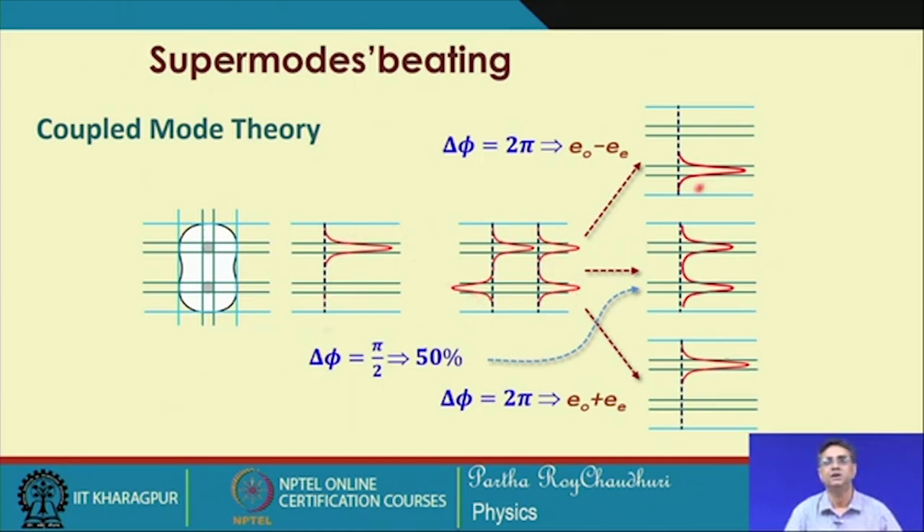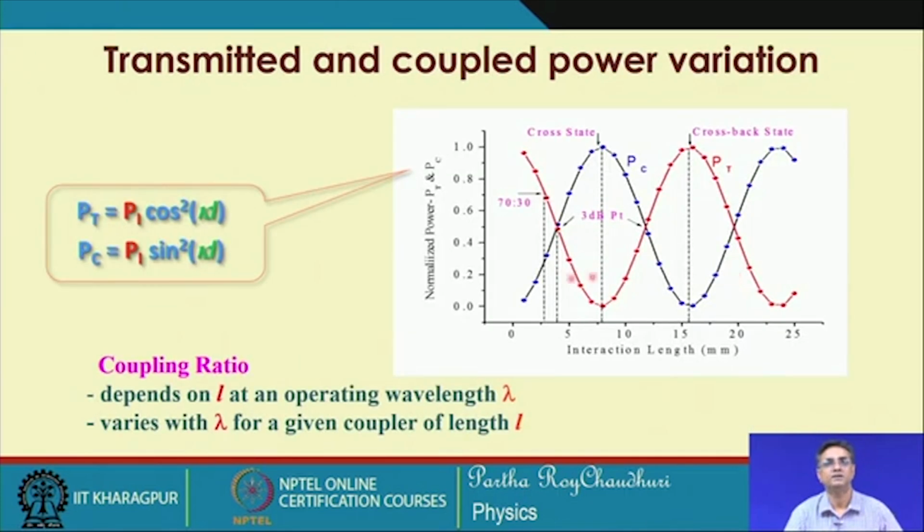So this is how the splitting of the light takes place in the light of the coupled mode theory, that is, the beating or interference of the super modes along the length of the two fibers lying side by side.